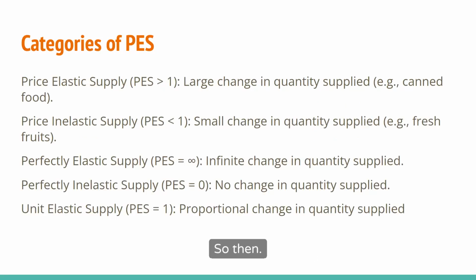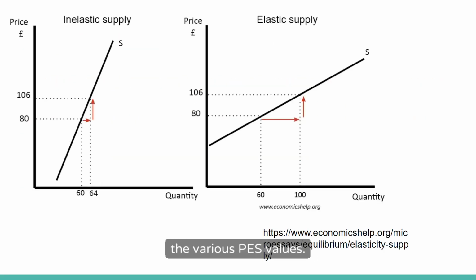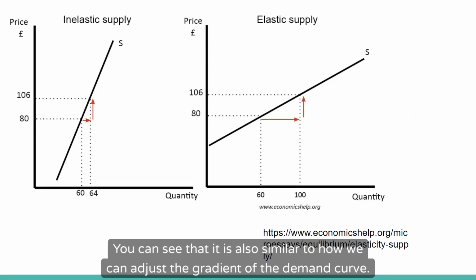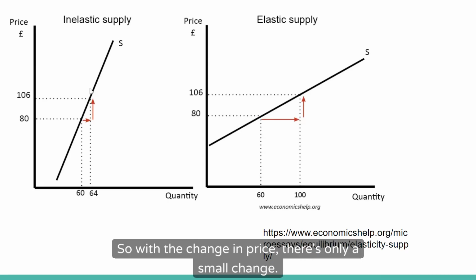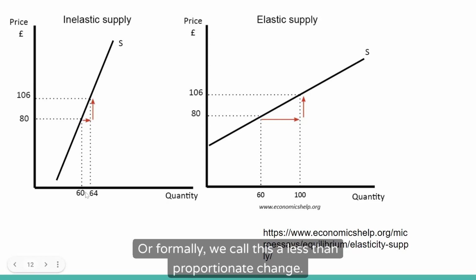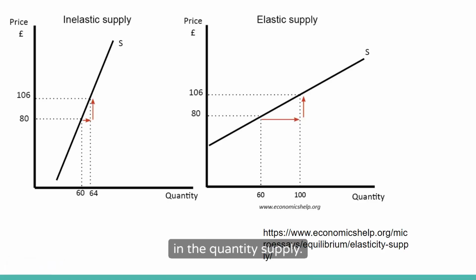So then we talk about the various PES values. So these two are the common situations. You can see that it is also similar to how we can adjust the gradient of the demand curve. So if you make it steeper, like the first diagram, then we say that supply here is more price inelastic. So with the change in price, there's only a small change, or formally we call this a less than proportionate change in the quantity supplied.